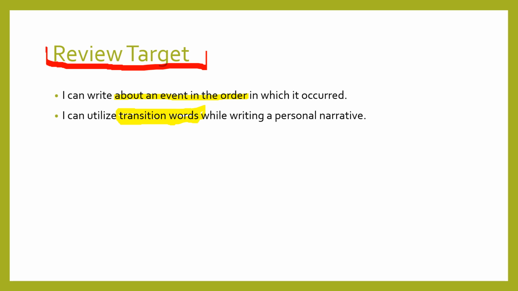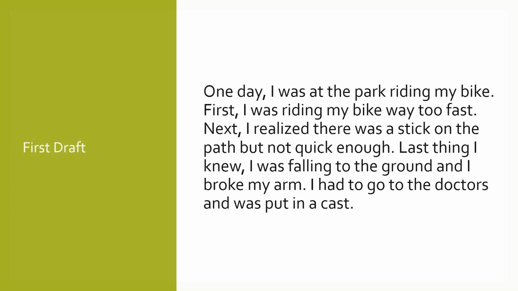We use those transition words first, next, and last to help us organize our writing. So before you start your first draft, you might want to grab a pencil and paper so that you can write your outline. You can pause the video now and get your outline ready.